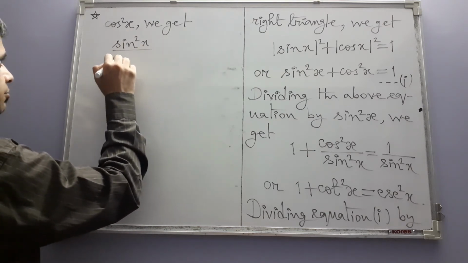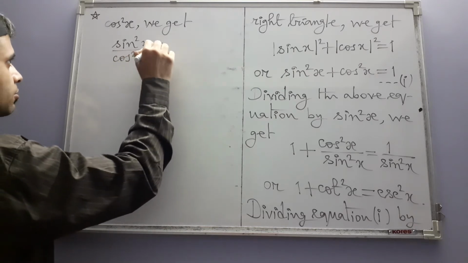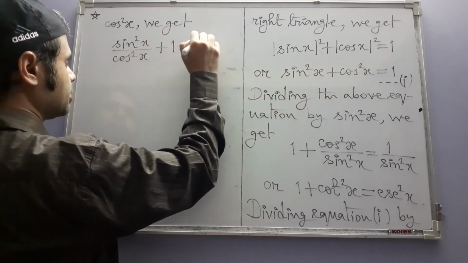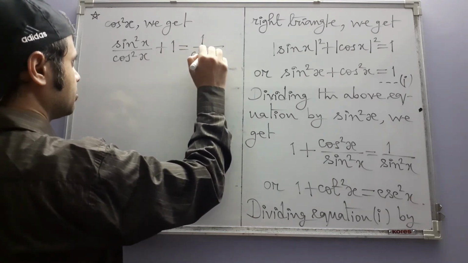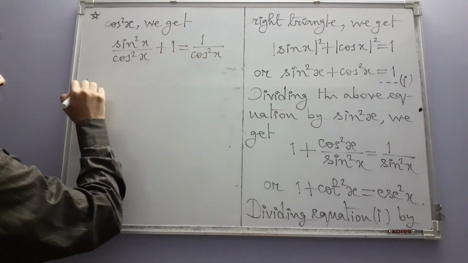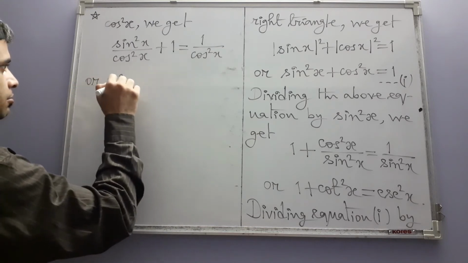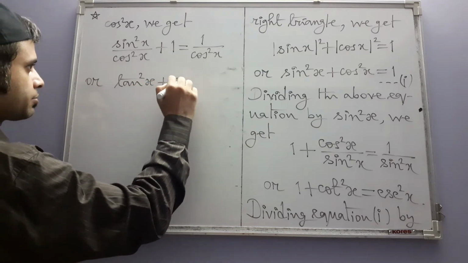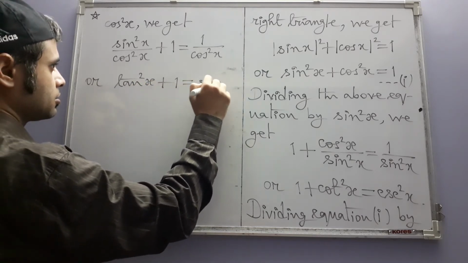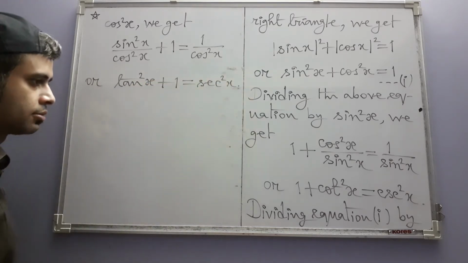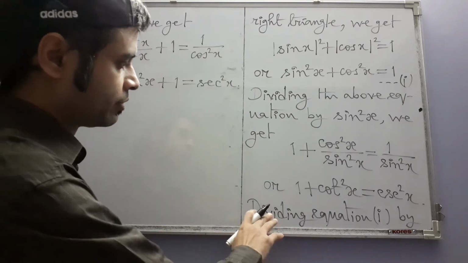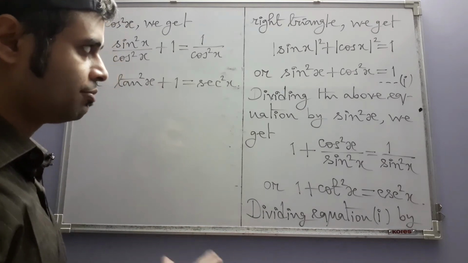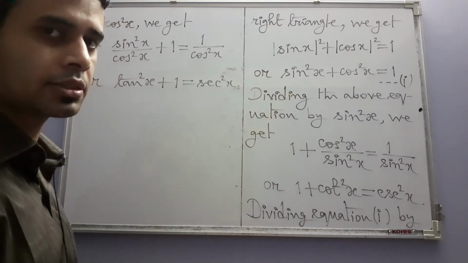Sine squared x divided by cos squared x, the cos term of course will be 1, and on the right side we have 1 divided by cos squared x, or tan squared x plus 1 equals secant squared x.